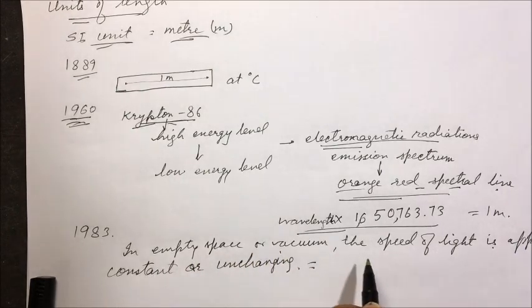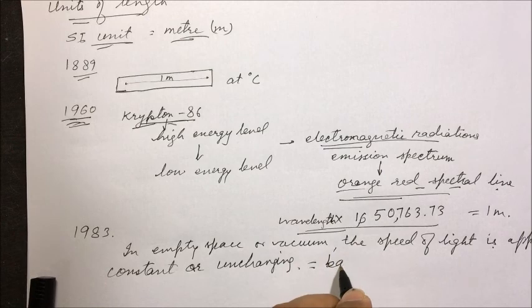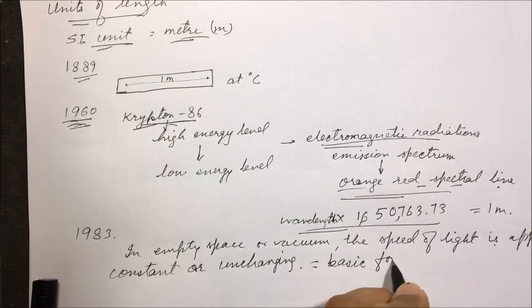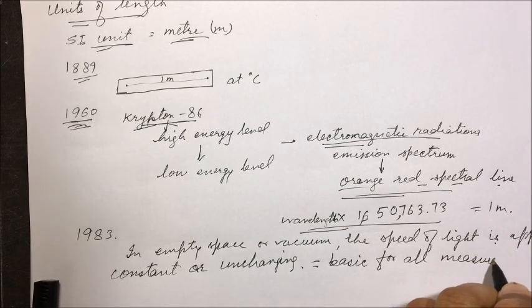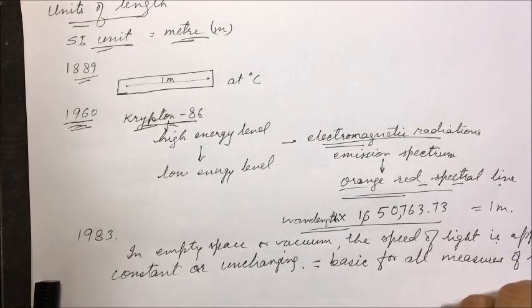So since the speed of light is apparently unchanging, this can be used as a basis for all measures of length.